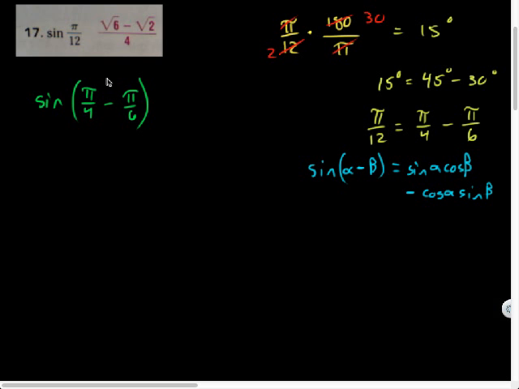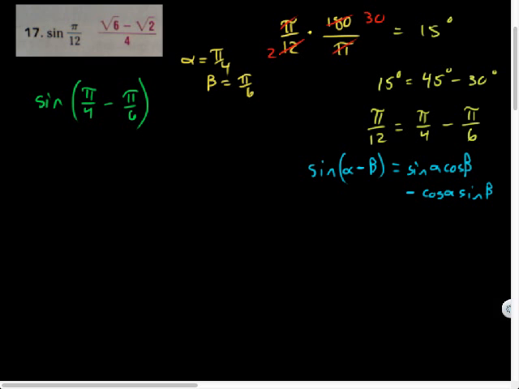So alpha I'm referring to as pi over 4. You don't have to label that necessarily, but alpha is my pi over 4. Beta is equal to pi over 6. Technically, you could think of this as plus the negative angle, and make beta negative. But who would want to do all those extra calculations when I already have them written as angles in quadrant 1?